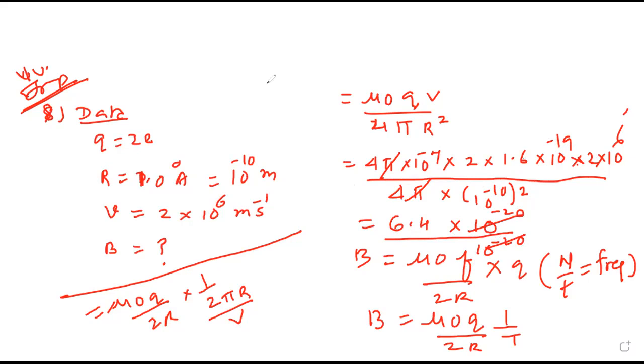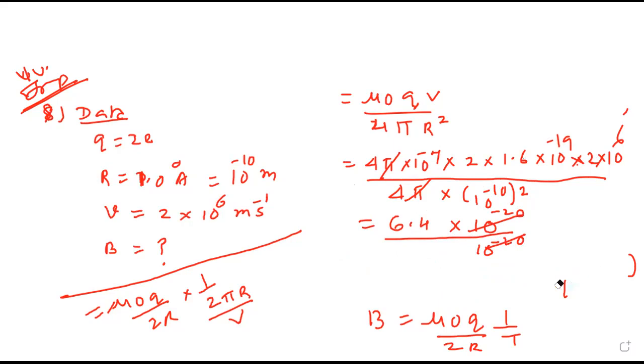The final answer will come 6.4 Tesla, or Weber per meter square.